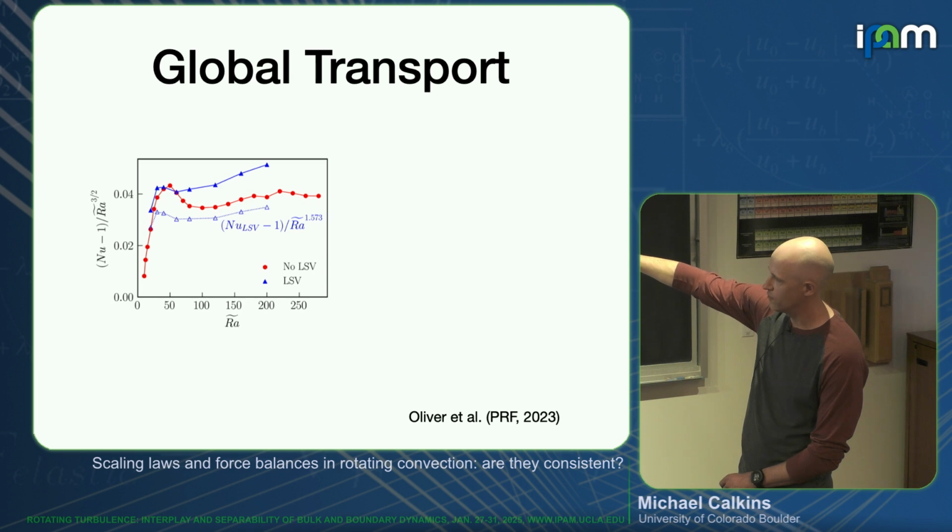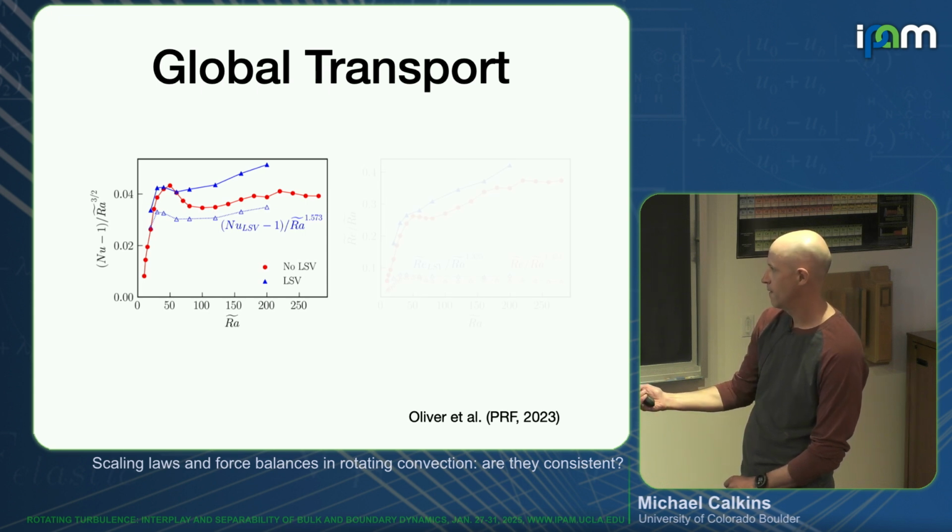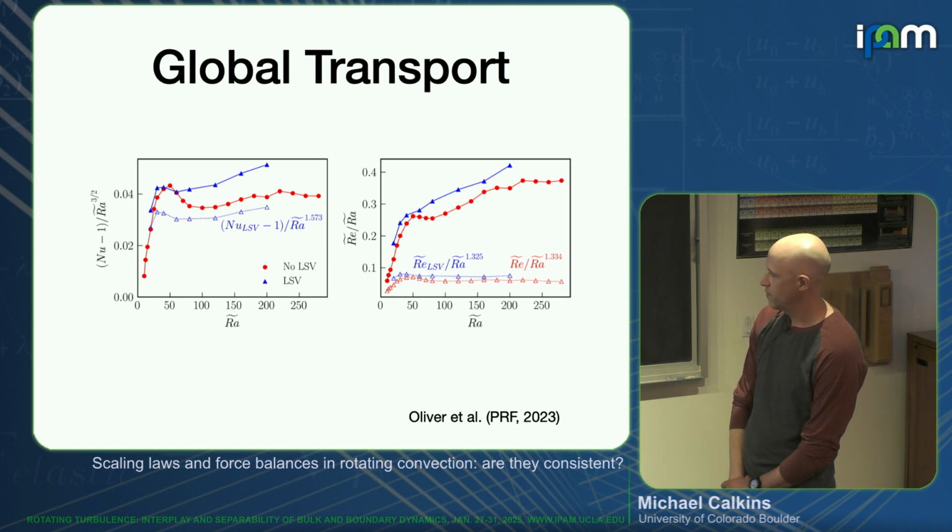And when you remove it, you also see a slight deviation. There might be a little asymptotic behavior here at higher Rayleigh number, but it's not completely obvious. And this is a plot showing the reduced Reynolds number, compensated by that diffusion scaling as well.